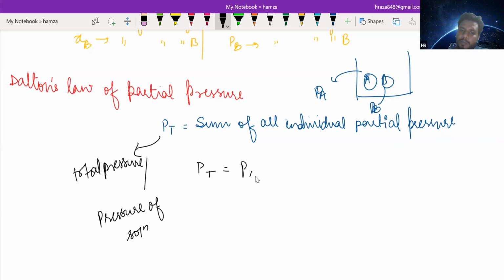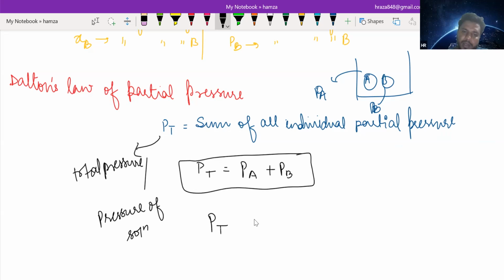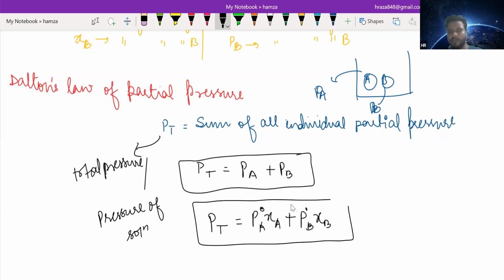PT will be equal to PA plus PB, the partial pressure of A plus the partial pressure of B. Also, PT is equal to P naught A zeta A plus P naught B zeta B. This is the formula for total pressure, the final formula of Raoult's law.